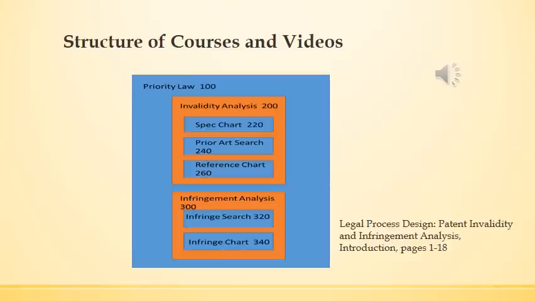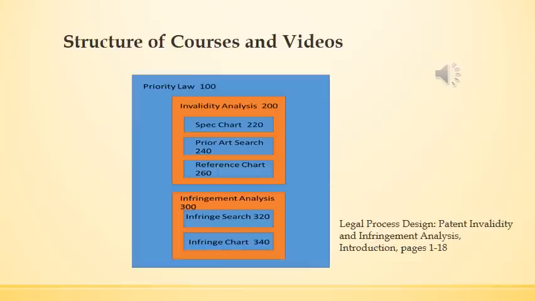There are substantive or qualitative aspects to anticipation and obviousness, which are covered later. This is more to do with priority law, which we'll cover first. It has to do with what date this claim is entitled to priority based on an earlier filed application under, for example, 35 U.S.C. Section 120, because it's properly and adequately disclosed under 35 U.S.C. 112(a) and properly claimed under 112(b), for example.